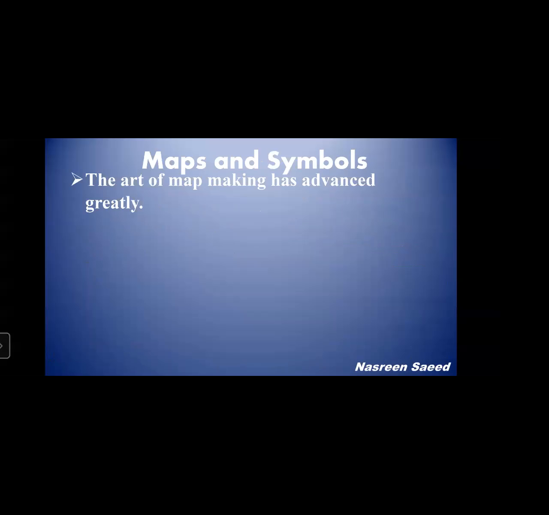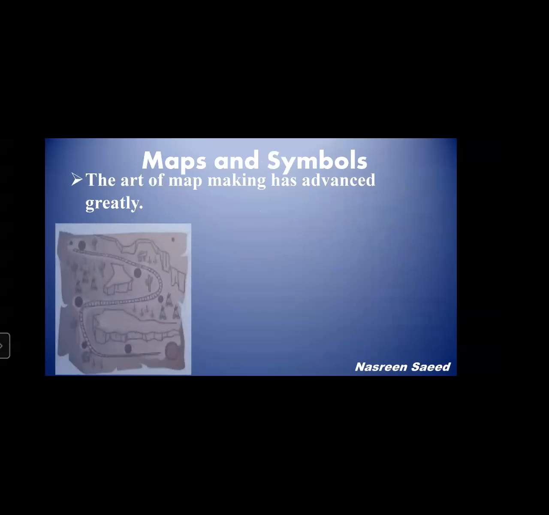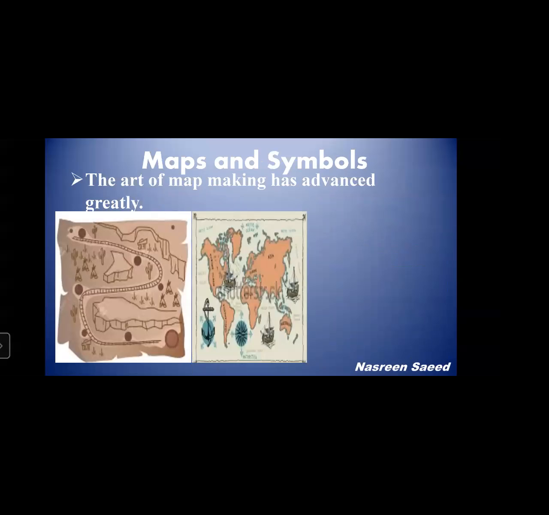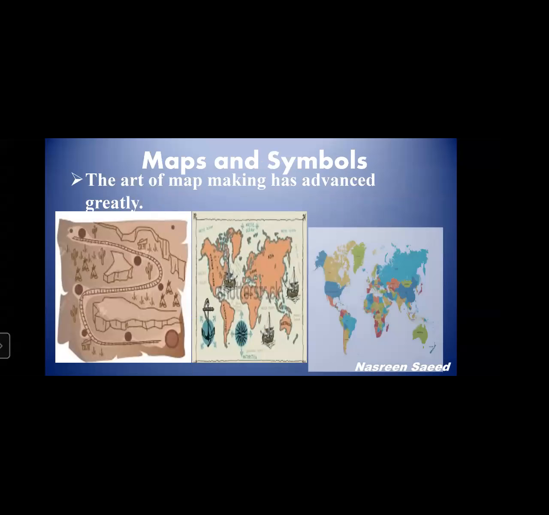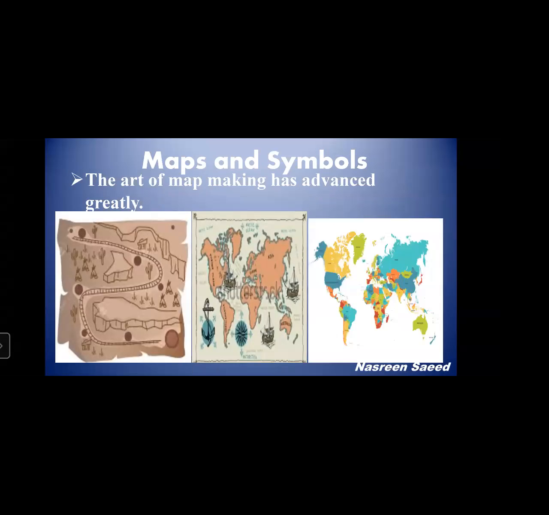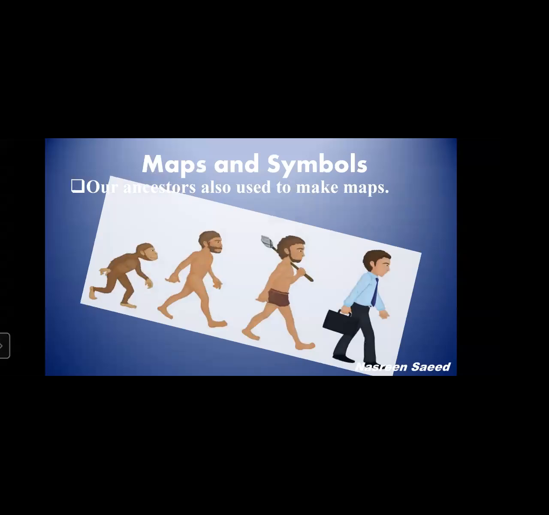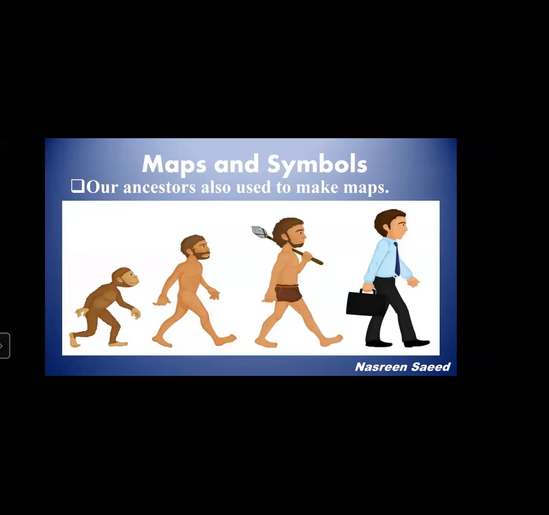The art of map making has advanced greatly. In the olden times also, we used to have maps. Can you see the maps made in the olden times? Now we have advanced so much that we are making this type of maps. Our ancestors, our purvaj, our great grandfathers, they also used to make maps.